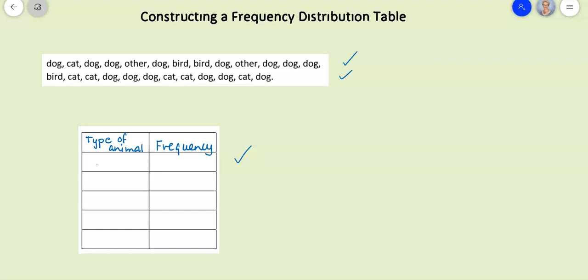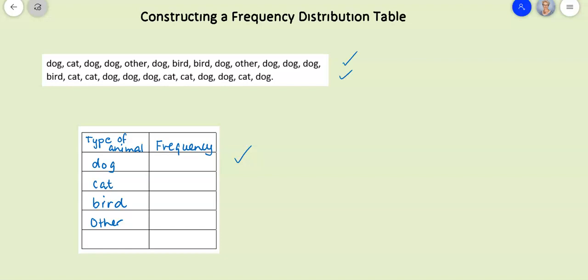So the first type that we have is a dog. The second one is a cat. The third one is a bird. And the last one is other. So this type of data is qualitative nominal.